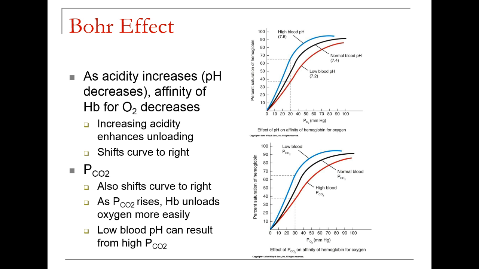So let's see what these do to the oxygen dissociation curve. Up at the top, the top graph you're seeing is the effect of a change in pH on this oxygen dissociation curve. The middle one, the black line, is the normal blood pH.